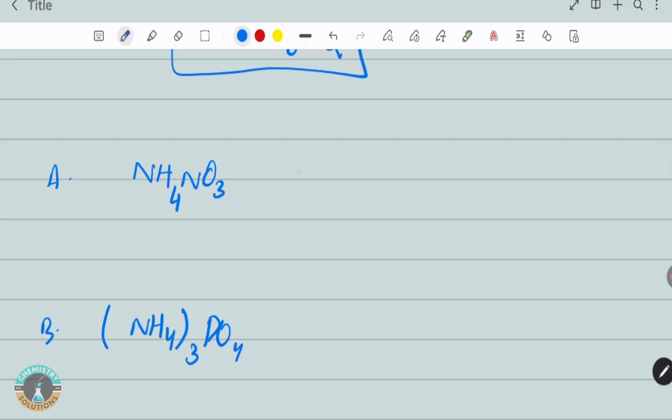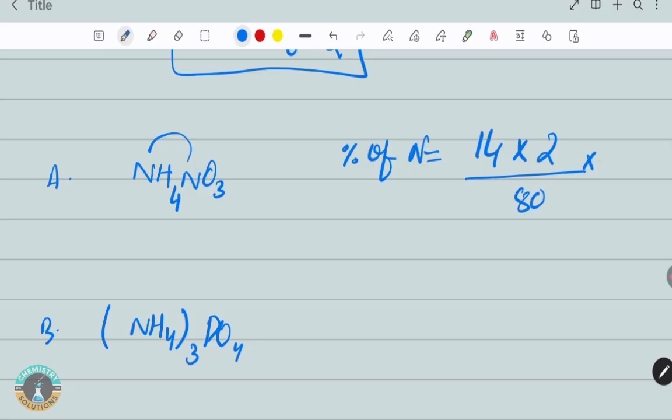So atomic masses are given. Percentage of nitrogen by mass: 14 multiplied by 2 atoms divided by MR, which is given to us for ammonium nitrate, that is 80, into 100. Let me first write for all, then I will calculate.